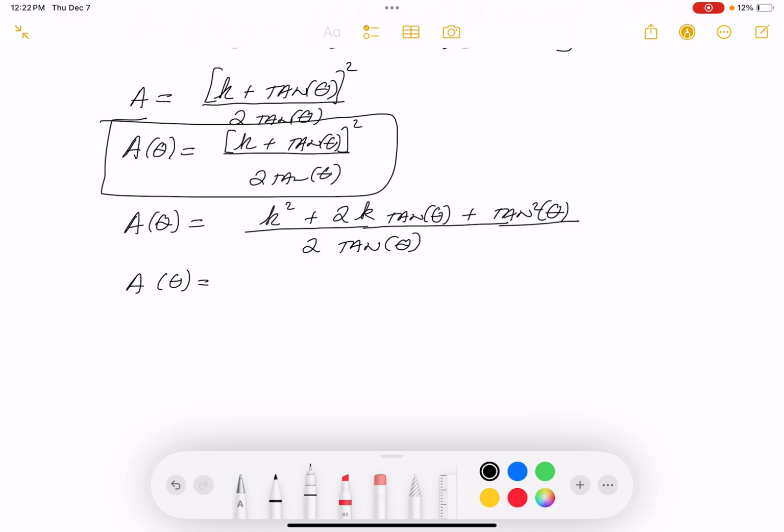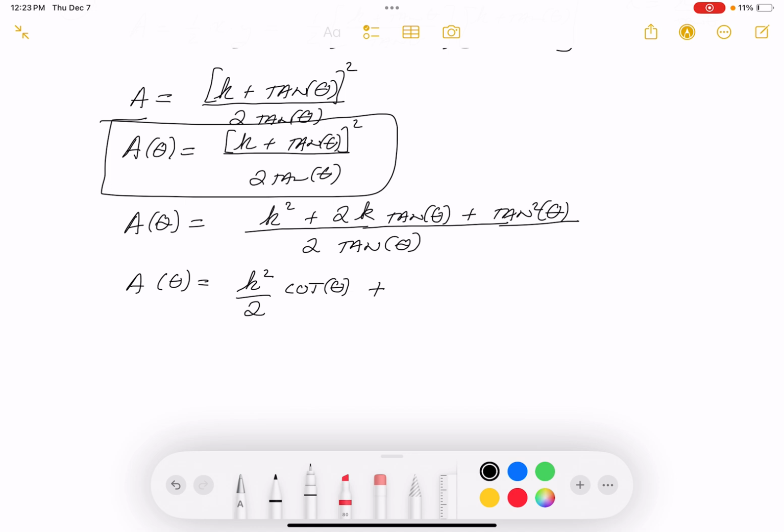So the first term is going to be k squared over 2, and 1 over tangent is the cotangent. It's easier to take the derivative of that than the quotient, by the way. Next one is 2k tan theta over 2 tan theta.